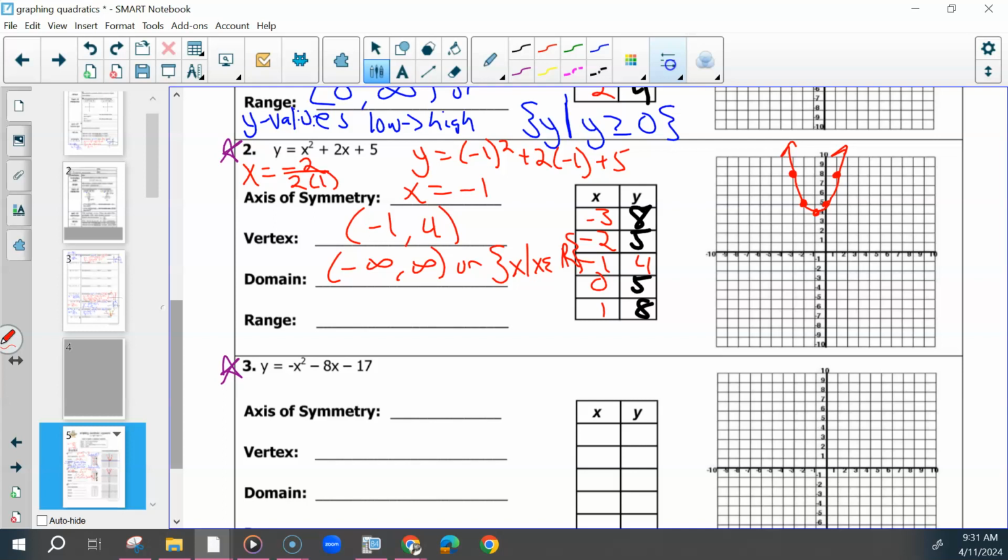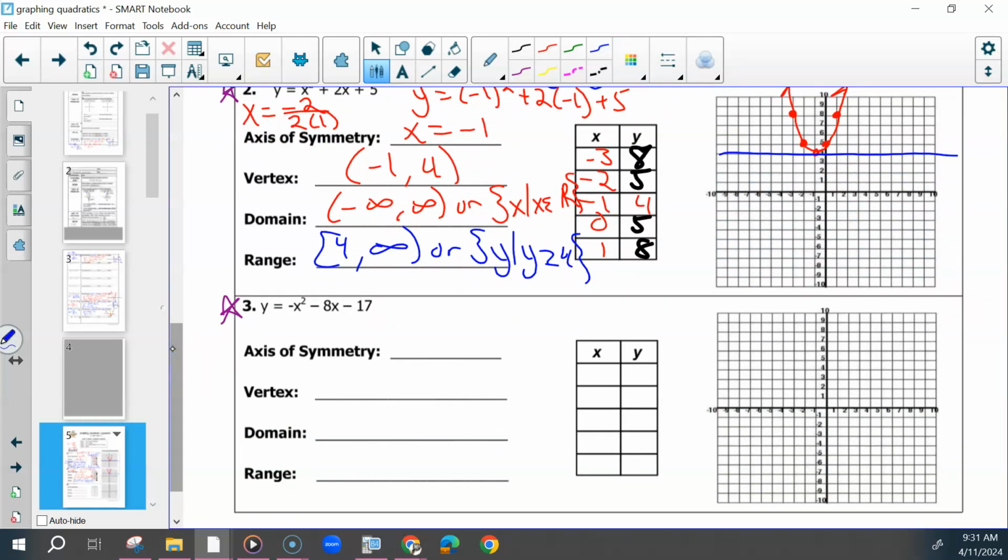What's our lowest y value point? 4. And then it starts at 4, so square bracket, what's our highest? Infinity. Or y such that y is greater than or equal to 4. The point is closed, it's included. If it was open, then it wouldn't be.